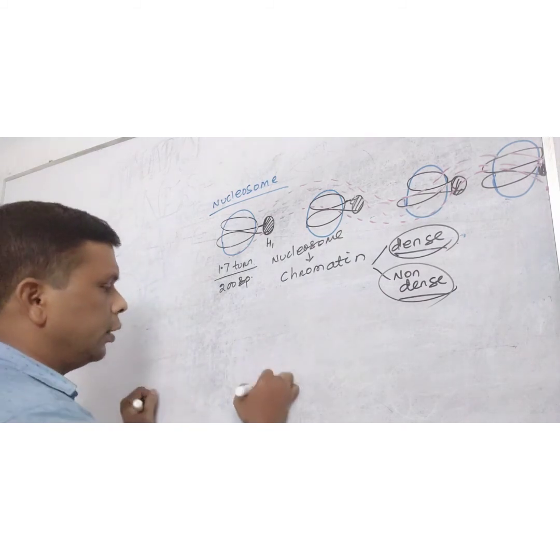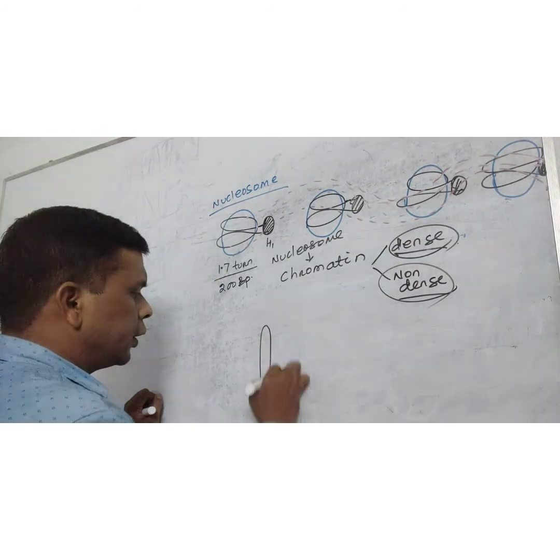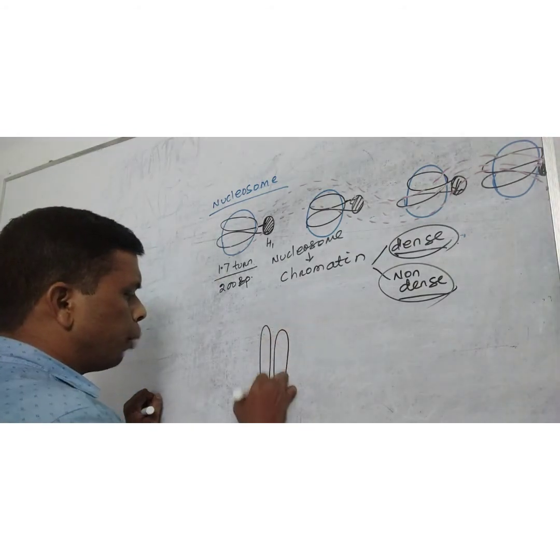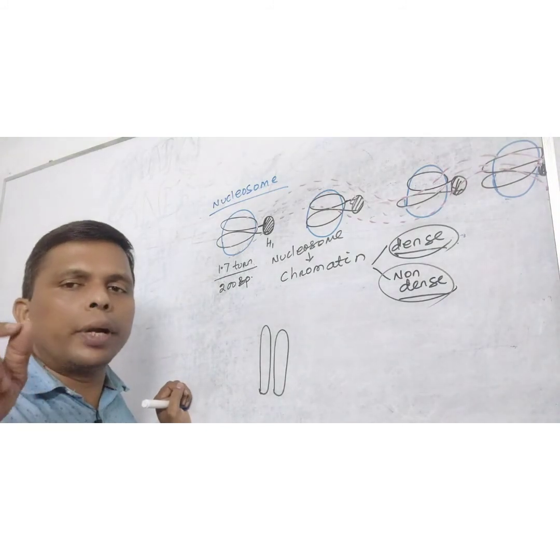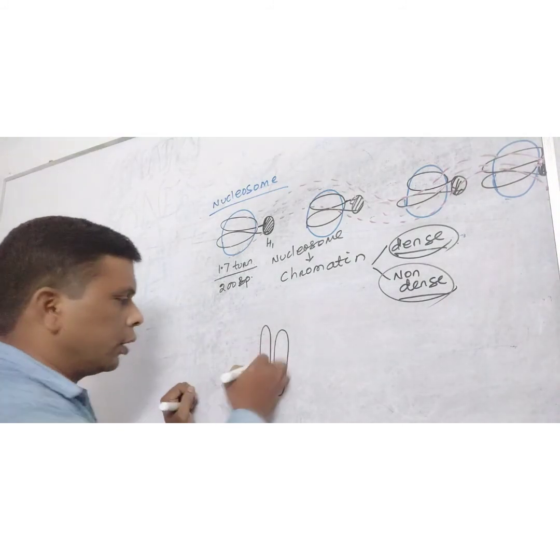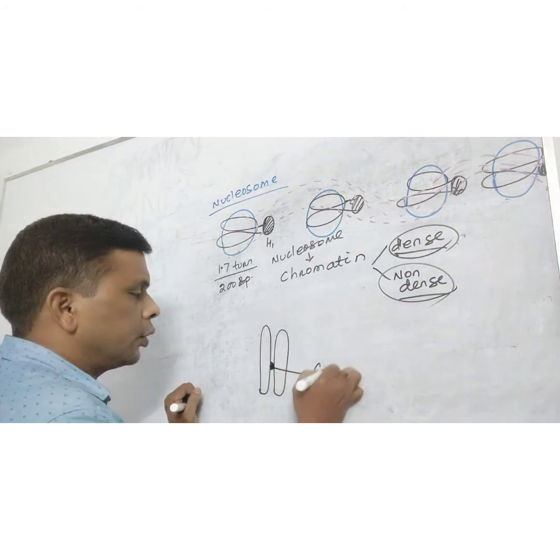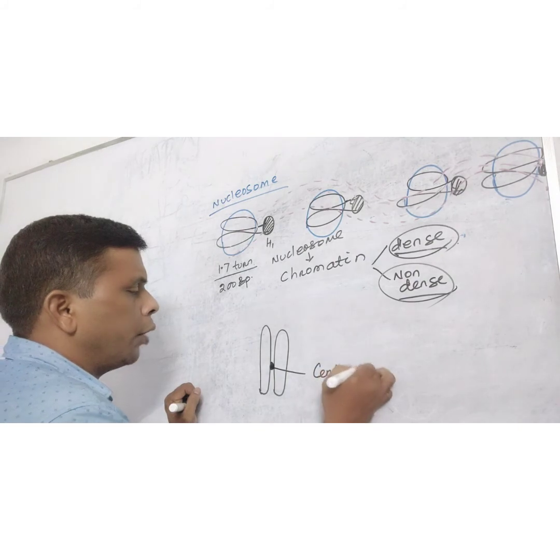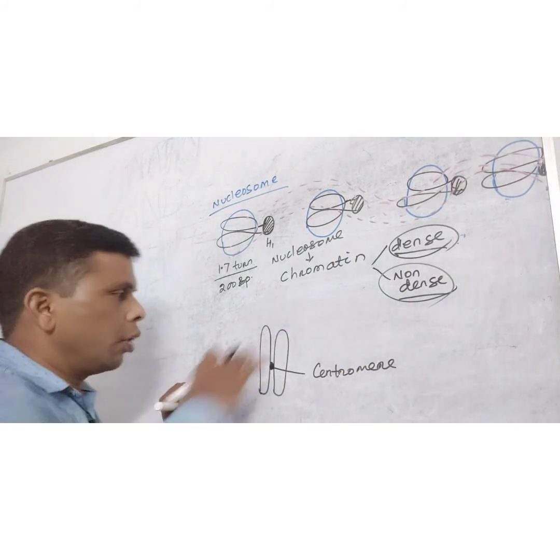Suppose this is one chromatid, and this is another chromatid. This chromatid ultimately produces a chromosome. At the middle of the chromatid, there is a centromere or primary constriction.